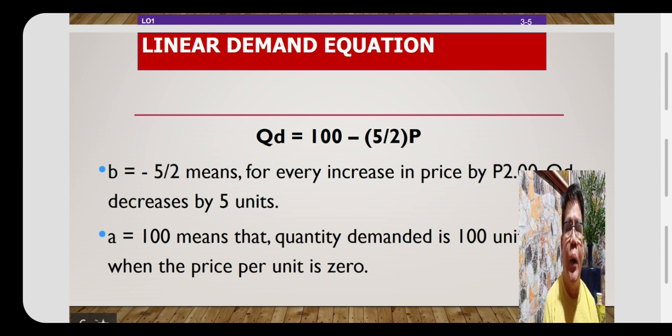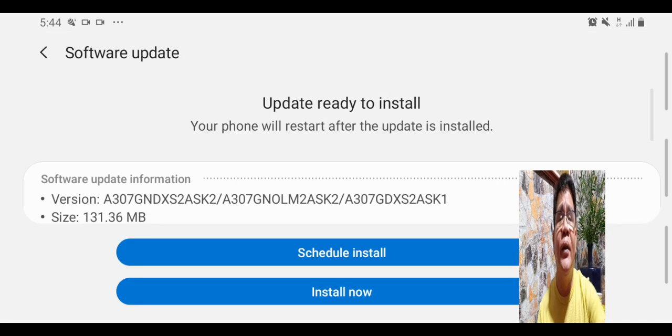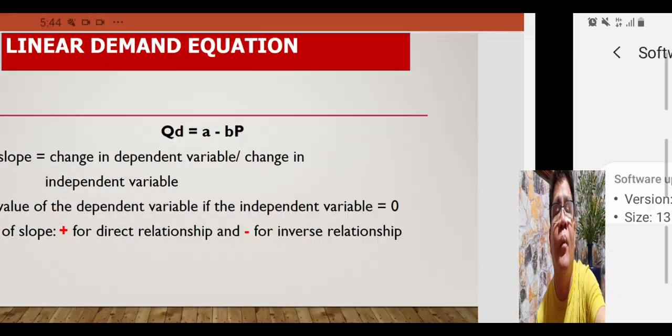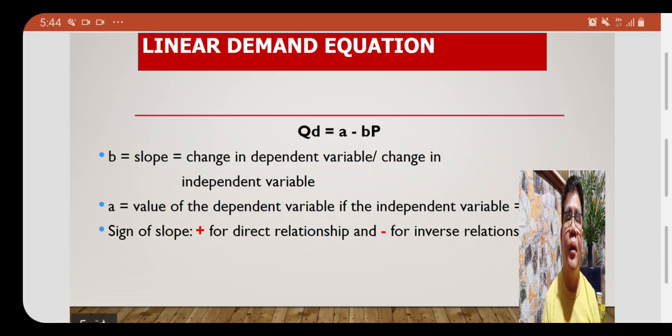If we go back again to how the slope is measured, slope is measured as the change in the dependent variable over the change in the independent variable. The numerator, which is given a value of 5, and the denominator, which is given a value of 2, is what this 5 over 2 represents.